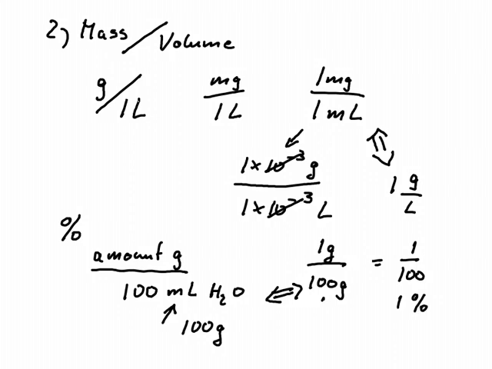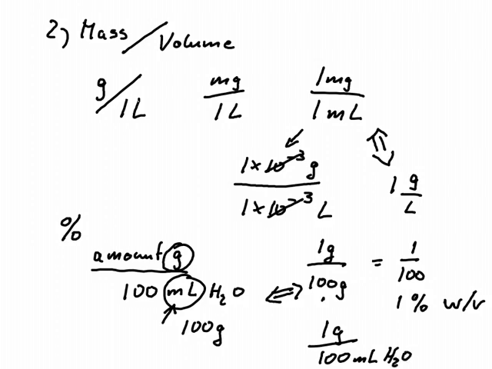But we need to indicate that we are talking about a mass per volume, so therefore we use the abbreviation W/V. This indicates that we have 1 gram per 100 milliliter of water. A 1% weight per volume solution is equivalent to 1 gram per 100 milliliter of water.